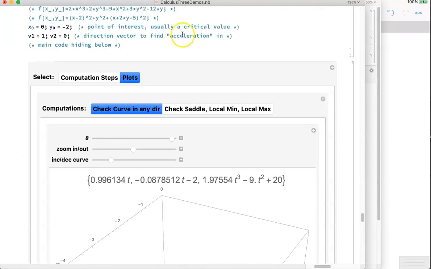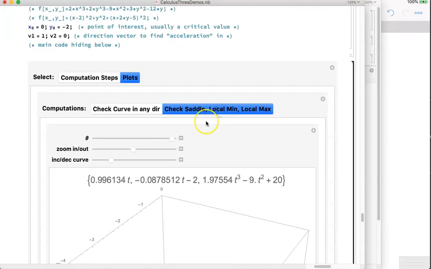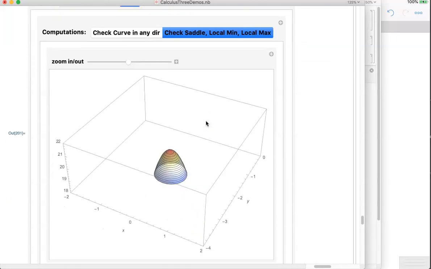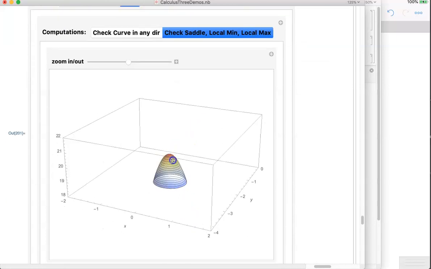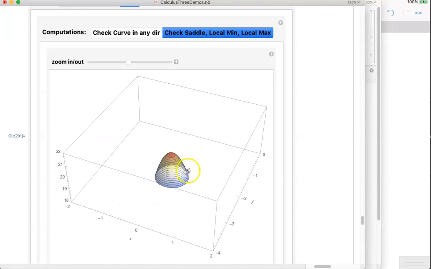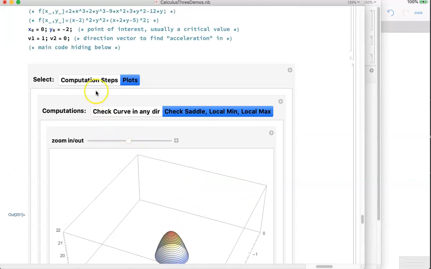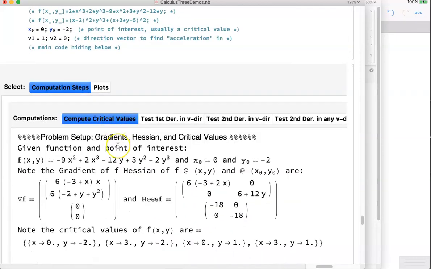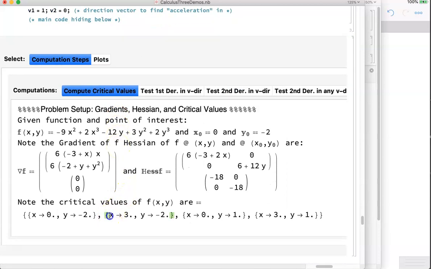And this tells us that if we check our local max-min problem, at that particular critical value, the function is going to look like a quadratic, or a paraboloid, opening downward. Okay, now we know that there were some other critical points. There's another critical point, 3, negative 2.